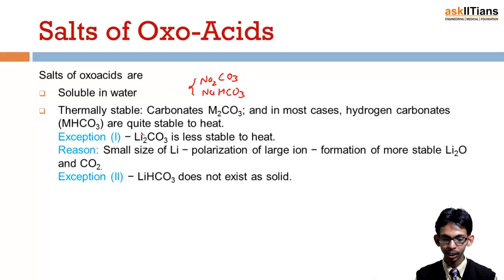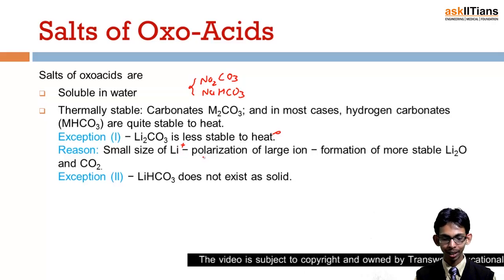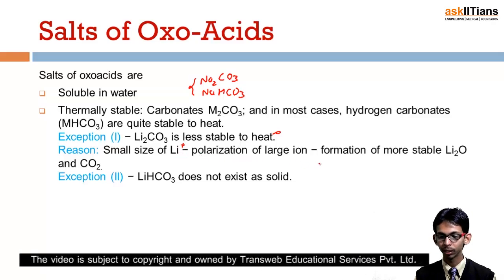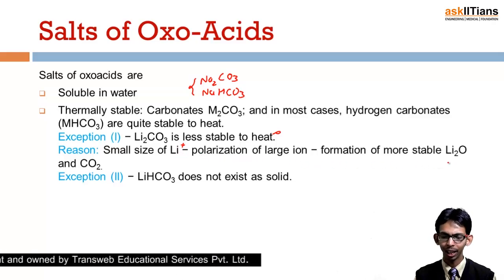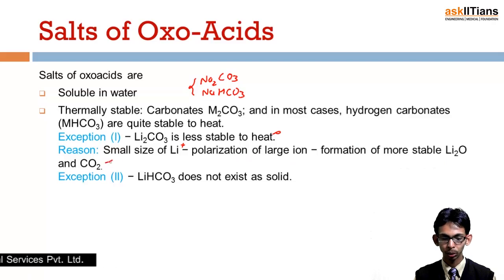There is an exception: lithium carbonate is less stable to heat. And why? Because of the anomalous property of lithium, because the size of the lithium positive ion is very small, because of its polarization of the large ion, formation of the more stable Li2O and CO2 occurs.